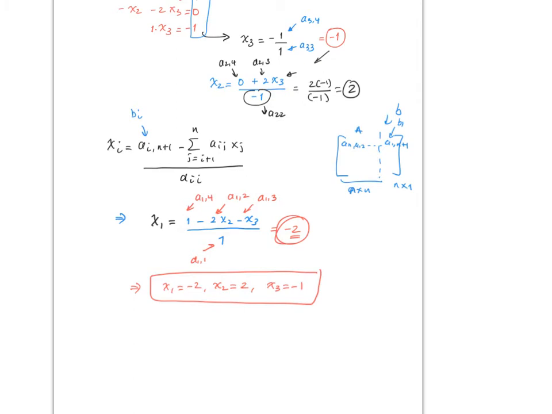Because if I asked you this question by itself, you could solve it easily by trial and error and pick any combinations you want. You'll get there eventually, but the purpose is not to solve it, which in the end it is, but to see how the process works, how you do Gaussian elimination.